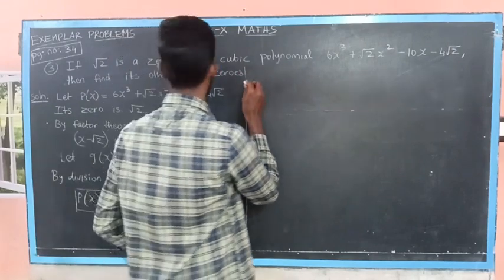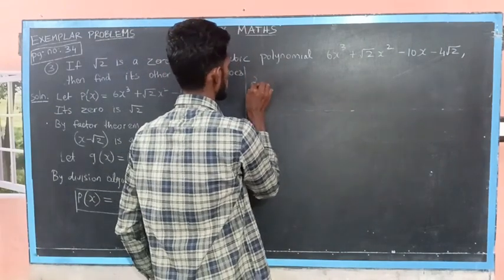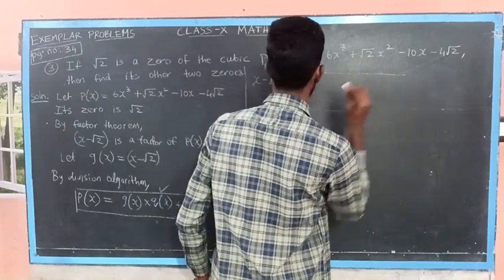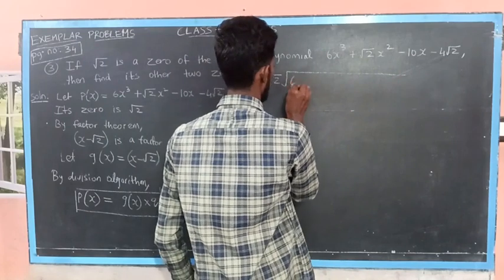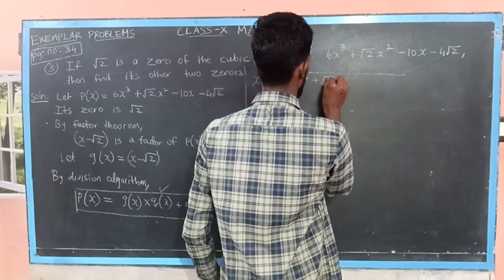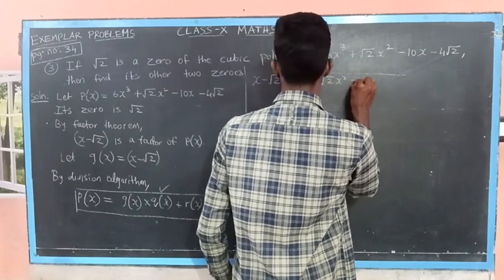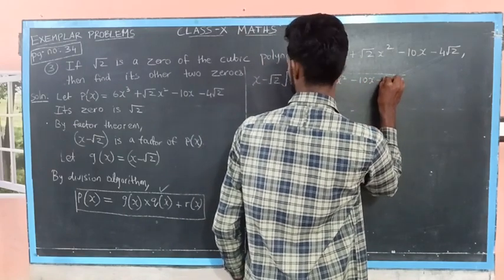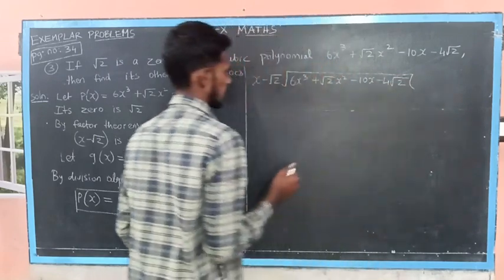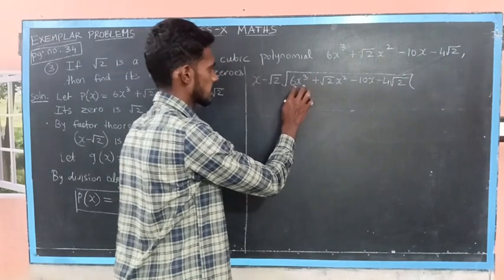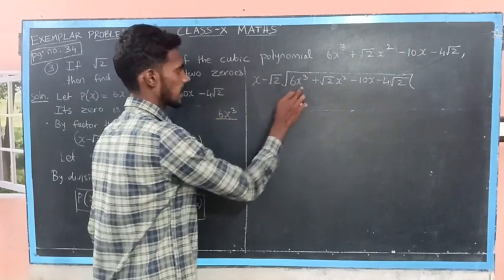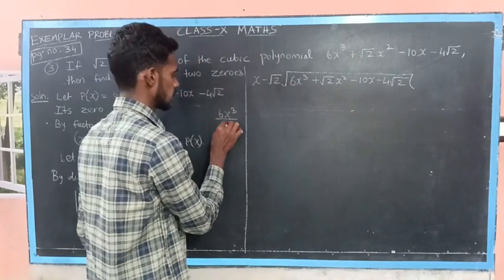So let us divide the polynomial p of x by g of x. First write the divisor polynomial, that is g of x, x minus root 2. Then write the dividend polynomial, that is p of x, 6x cube plus root 2x square minus 10x minus 4 root 2. Take the first term of the dividend, 6x cube; it must be divided by the first term in the divisor, that is x.